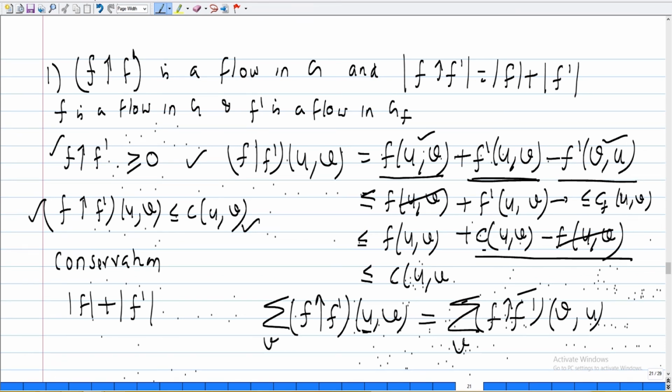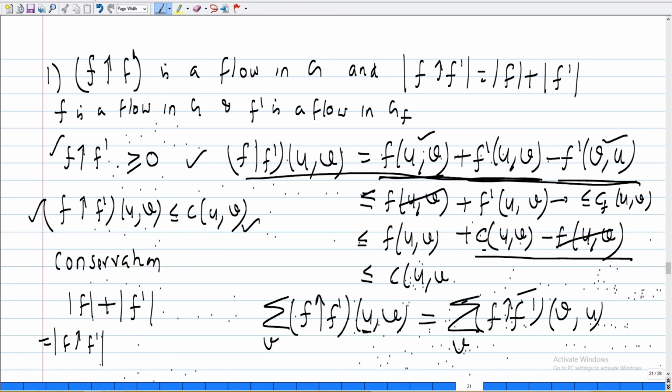So what you do is you expand this formula out by using this definition at every place, and expand the right hand side also using this, and then you will see that things will neatly cancel. That's what I mean by saying, once you understand what this actually is, conservation will be easy to verify. And similarly, checking the value of this flow is again a combination of intuition and the algebra.